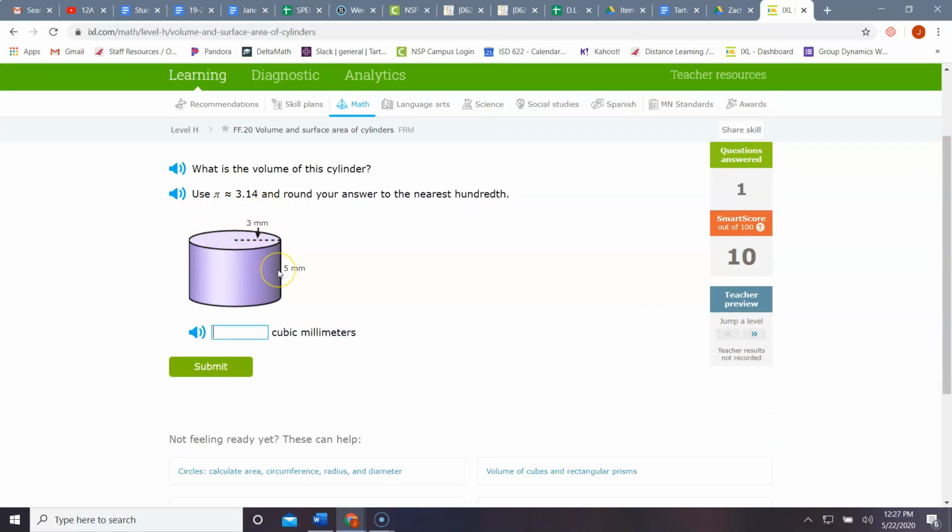All right, so just to take a look at this one, you're going to use 3 as your radius and 5 as your height. So let's just write this out quick. Volume is pi times r squared times h. So our volume is going to equal pi times our radius of 3 squared times our height of 5.